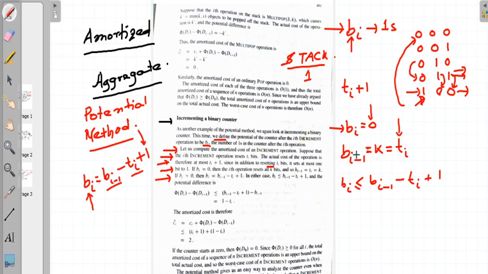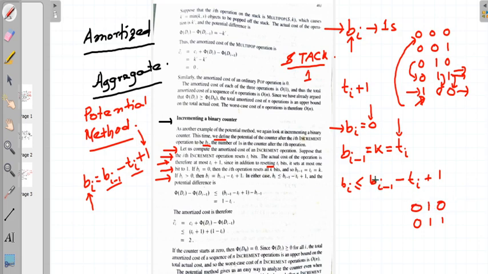And then how many bits? So 0 1 0, okay, right? So from 0 1 0 we are reaching 0 1 1, right? So how many ones did we have?